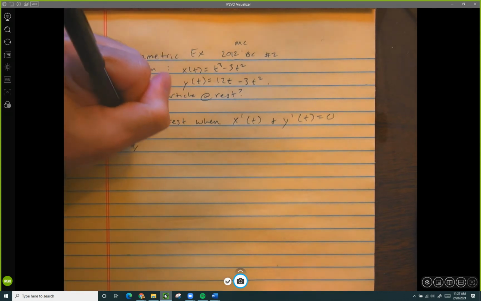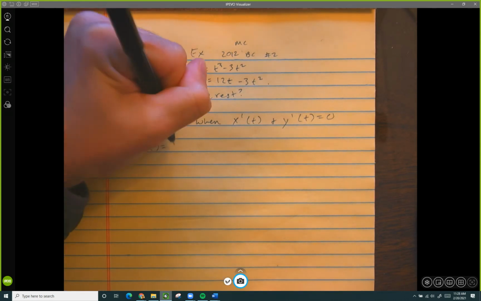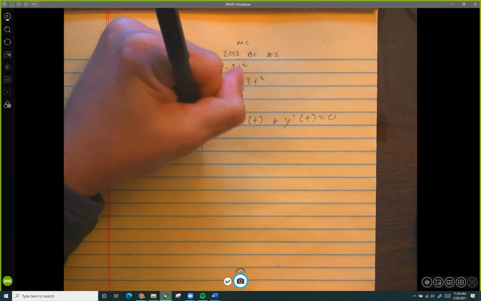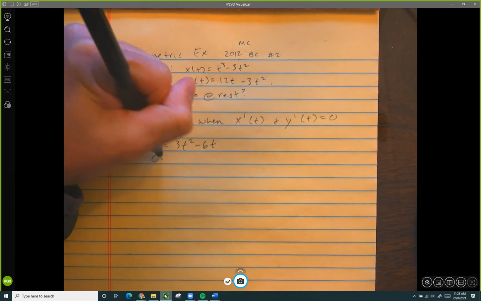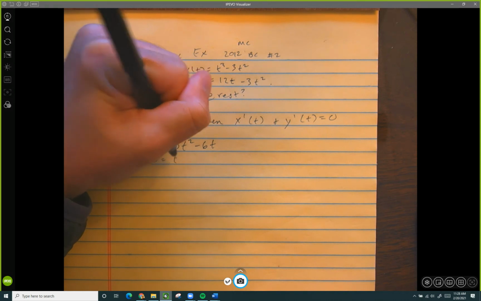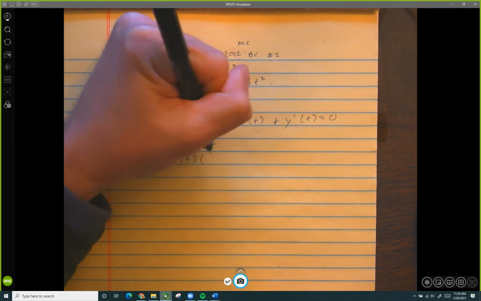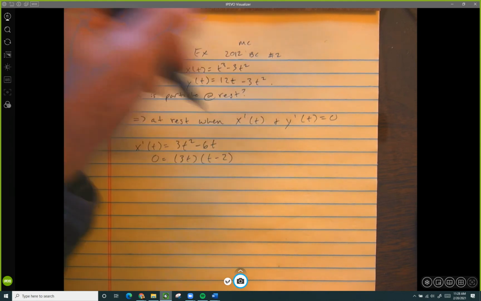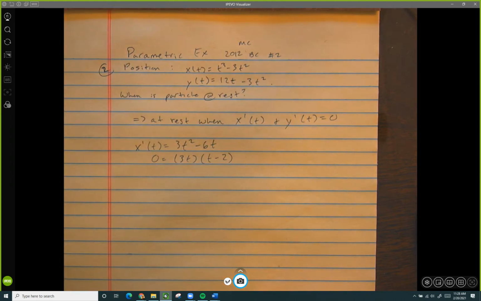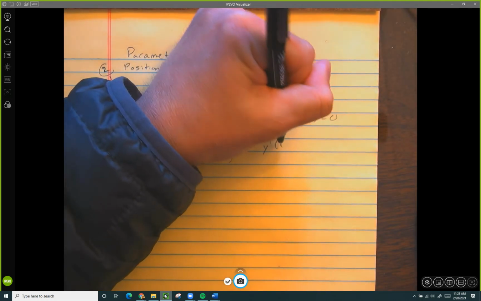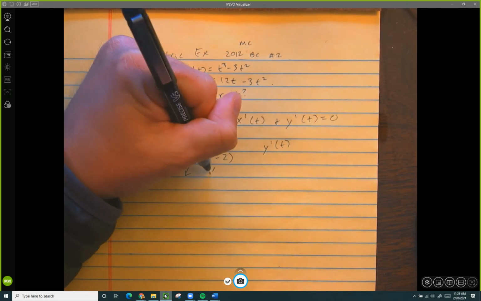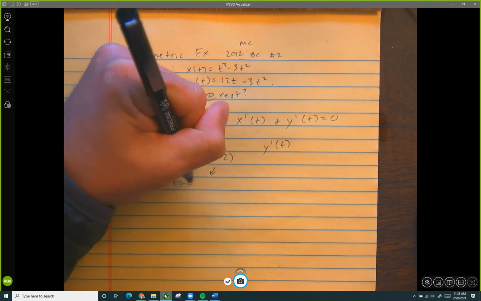Okay, well, what is x prime of t? x prime of t is equal to 3t squared minus 6t. So when you set that equal to 0, you get 3t times t minus 2. I think I did that right. Yes. So you have zeros at t equals 0 and 2.